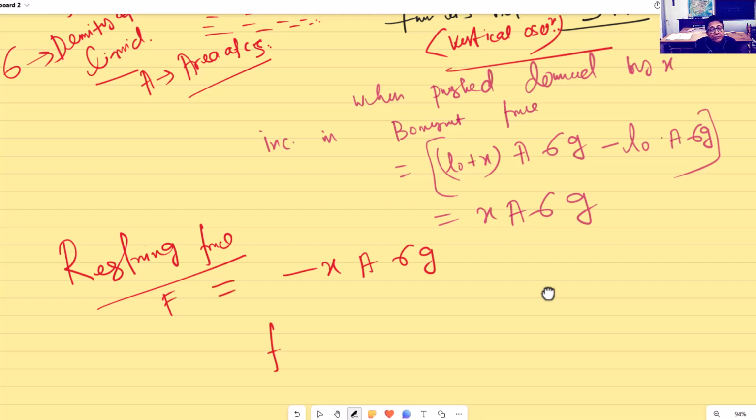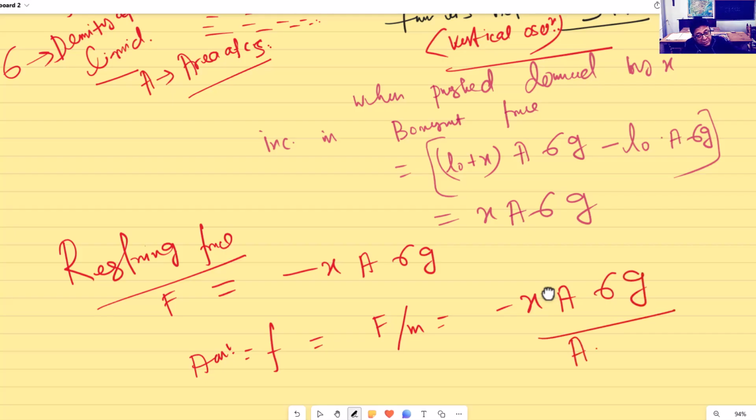So acceleration will be what? This is F by m, minus x A sigma g. What is mass? Area into length into rho. Clear?